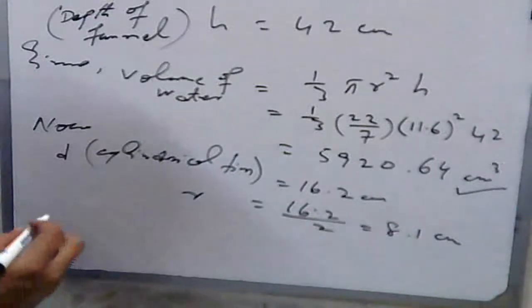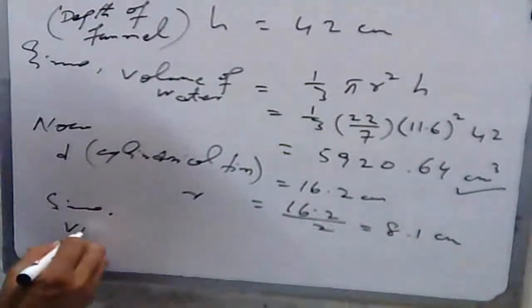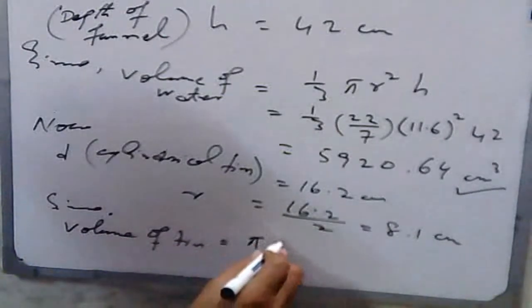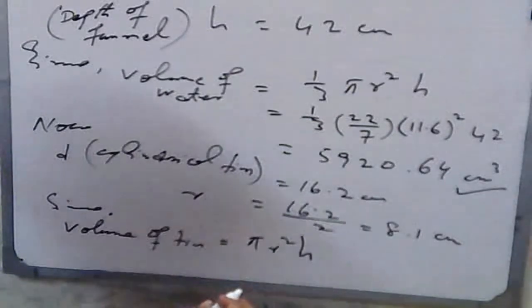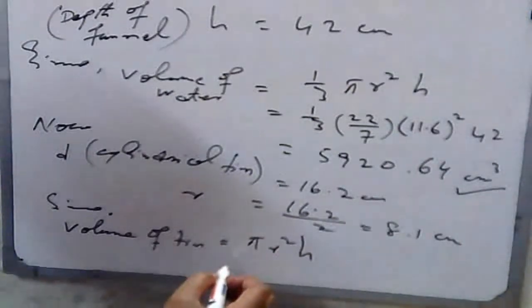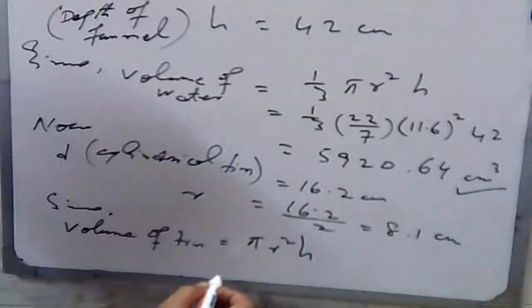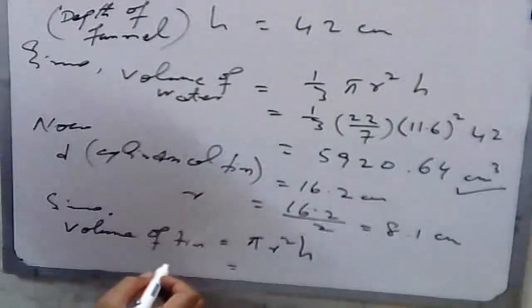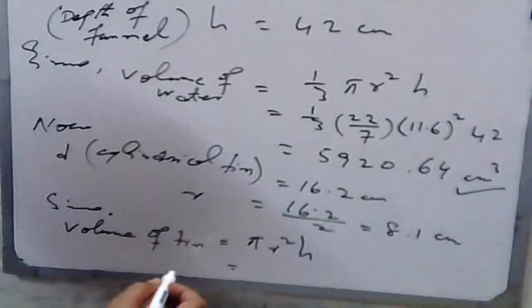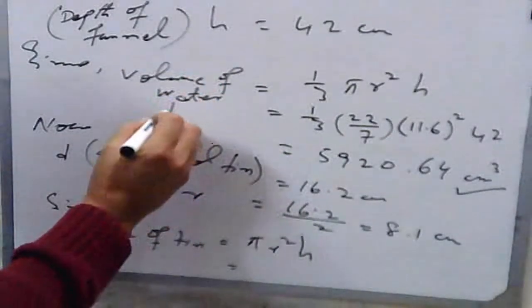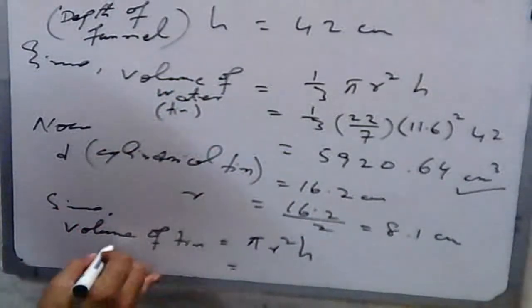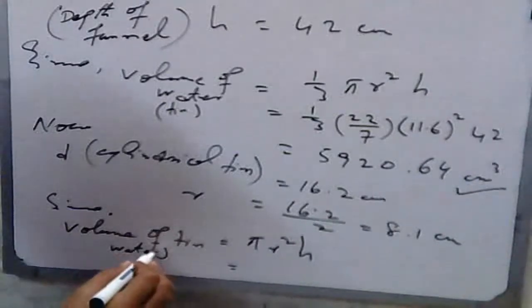So the volume of tin will be equal to, since the volume of tin is equal to pi r square h, we have to solve it. What is the volume of tin, which we have calculated, the volume of water or the volume of tin.